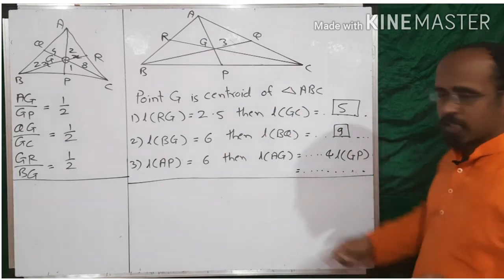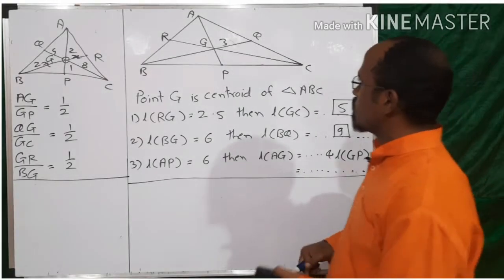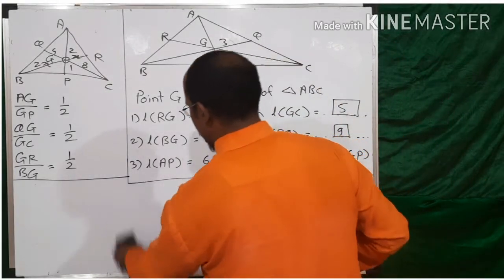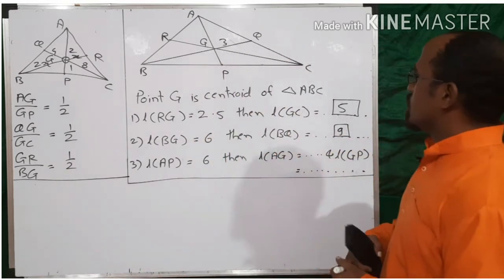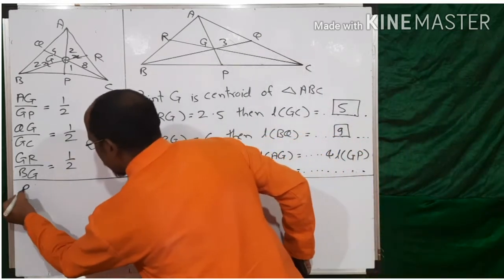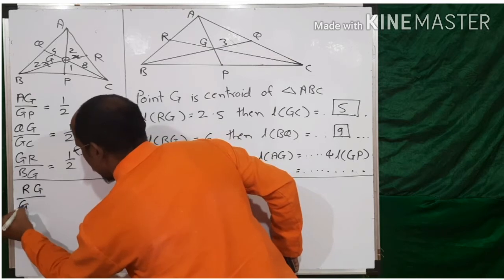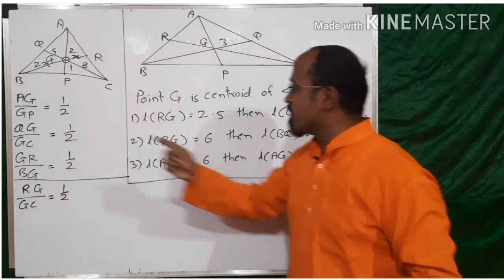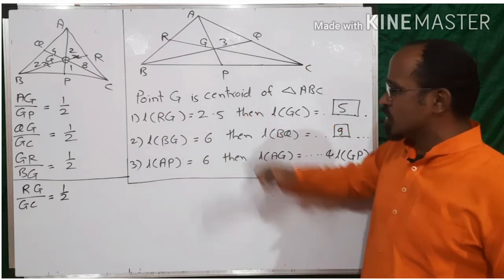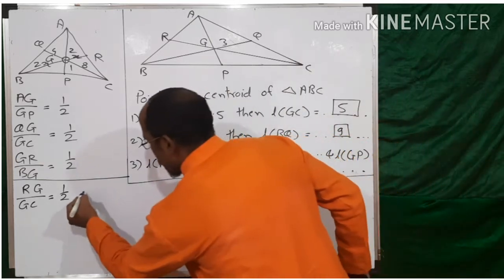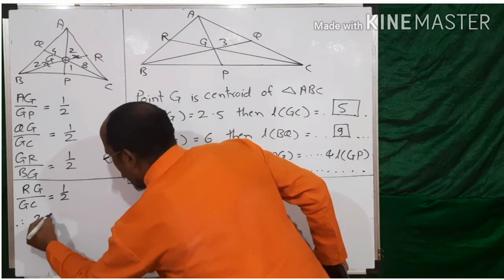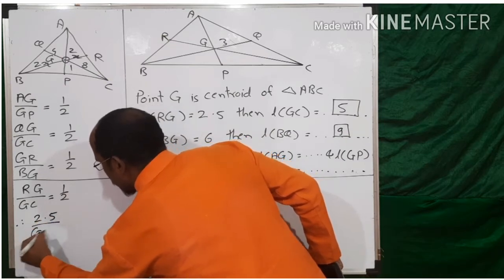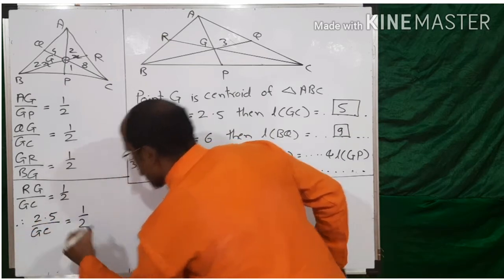by writing mathematical steps. RG upon GC is equals to 1 upon 2, right? Let's replace the values. What is the value of RG? RG is equals to 2.5. Therefore, 2.5 upon GC is equals to 1 upon 2.